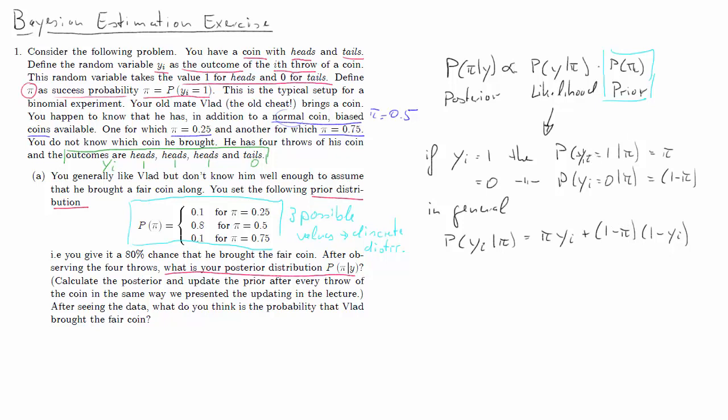That's just the 2 possible outcomes here combined. That's this outcome, and if the outcome yi is 0, then that is the probability. So depending on the outcome of yi, one of these 2 terms will be relevant.